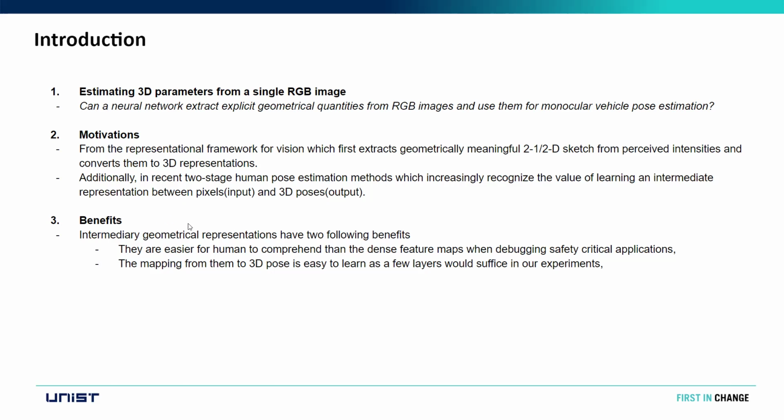The intermediary geometric representations are easier for humans to comprehend, and the mapping from them to 3D pose is easy to learn; just a few layers of neural network would suffice. They are also easier to debug when you are implementing them in a safety-critical application.